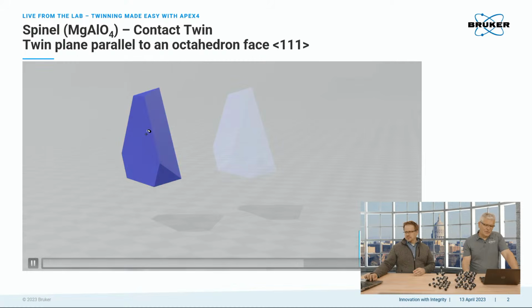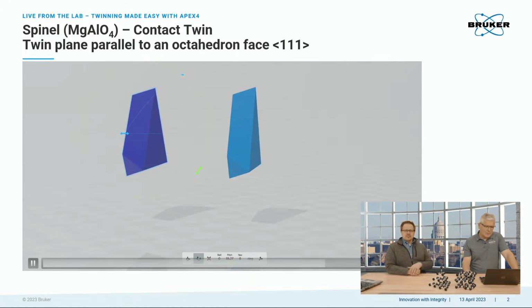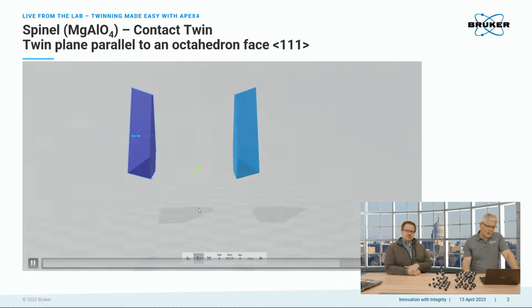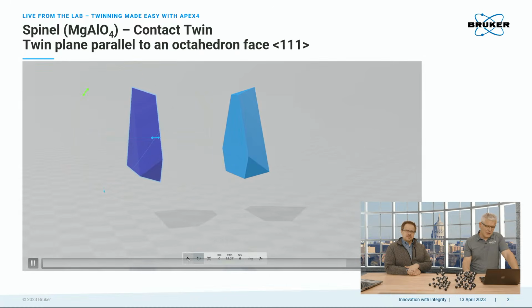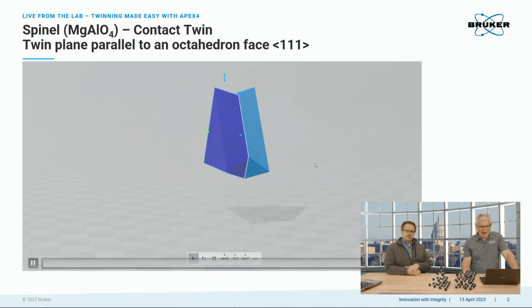Then we'll have to mirror it. So what you see now is that we have the composition planes on the outside. And when we mirror the darker blue one, now both composition planes where they will join are in the middle. If I put this together, this is basically how a twin looks.